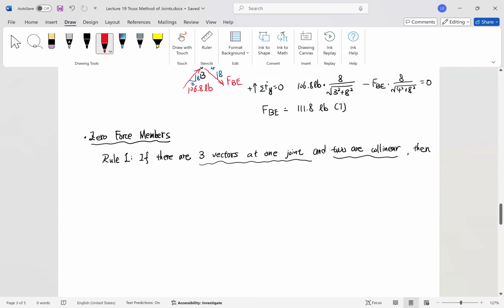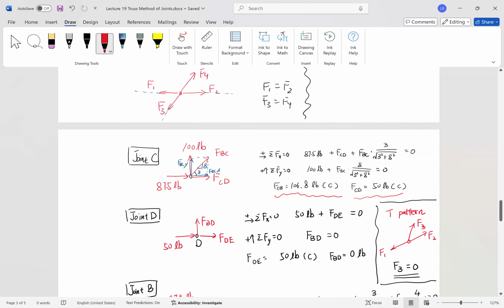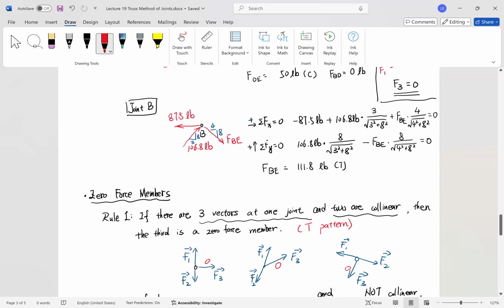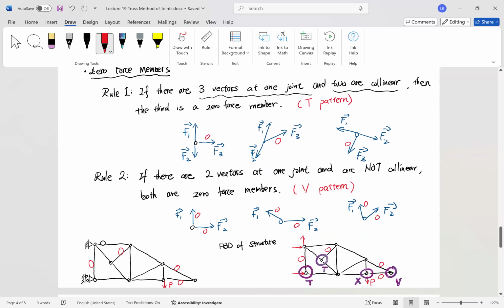Okay. And in the process, we've also been talking about the X pattern and further the T pattern and V pattern related to zero force members here.